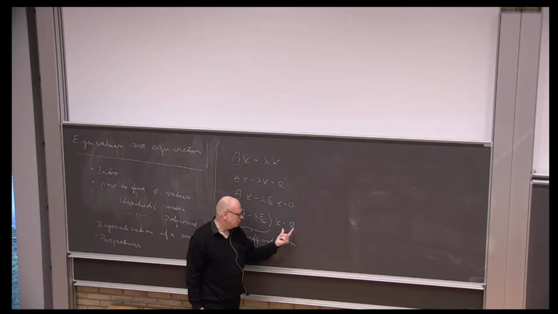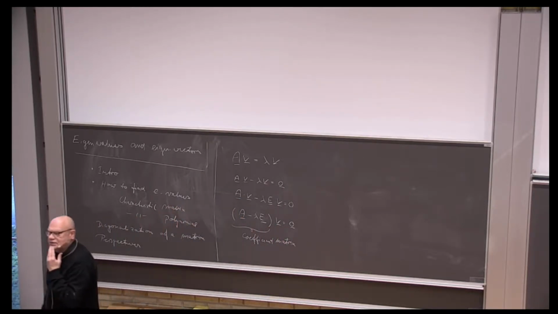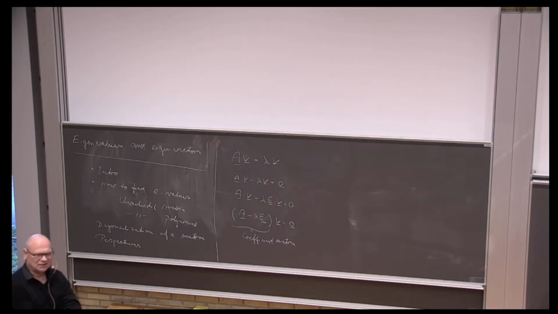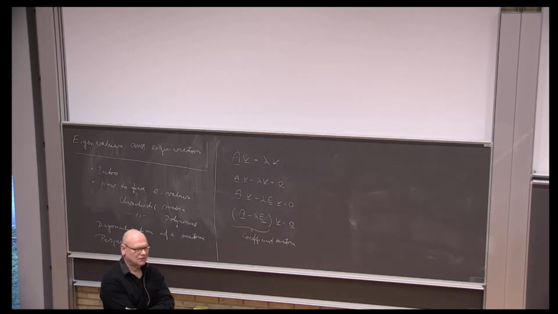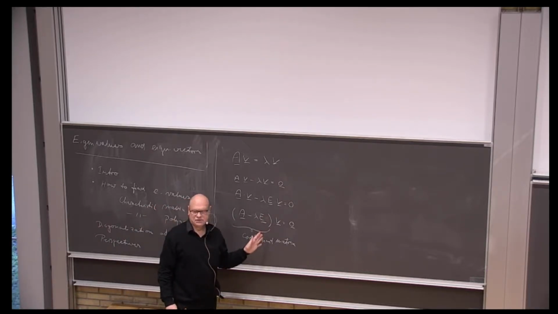So if it is regular, then you only have the 0 vector solution. And this is not interesting. So in order to find proper eigenvectors, you must demand that this coefficient matrix is singular. That is, it's not regular.